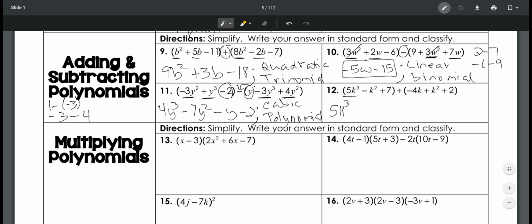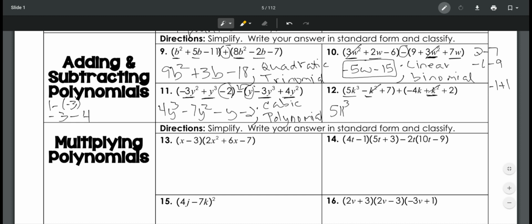I do not have any other terms that I can combine with that. Now, I have a negative k square and a positive k square. I have a k square in both groups. So I'm going to add that together. I should be thinking negative 1 plus 1, which is 0, which means the k squares drop out because we don't list 0 k square.